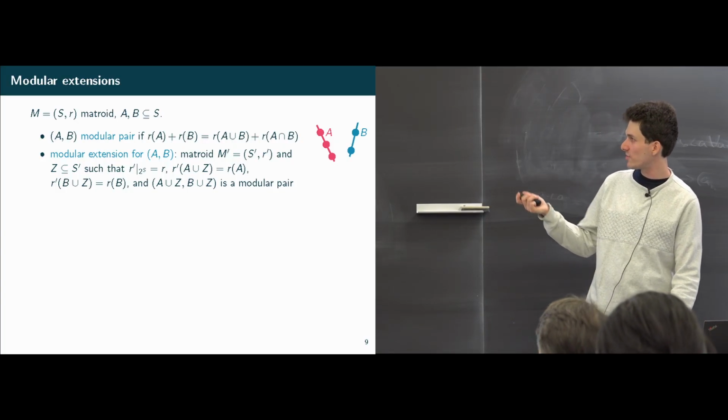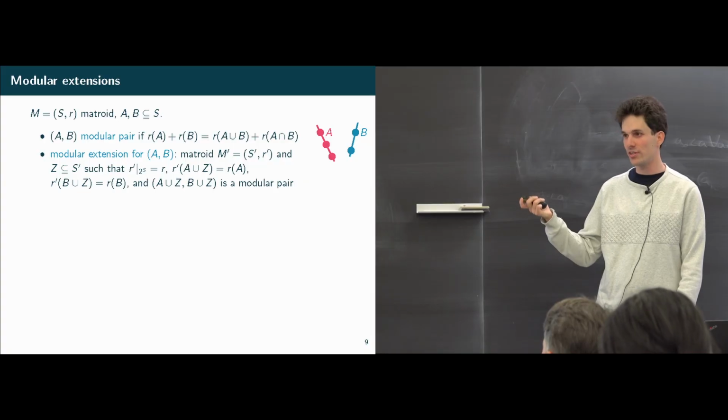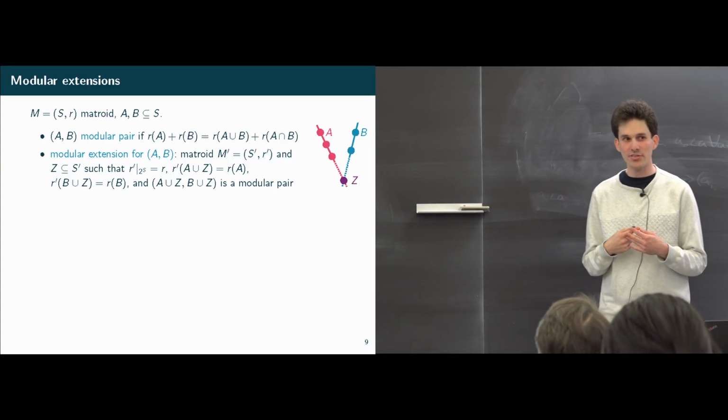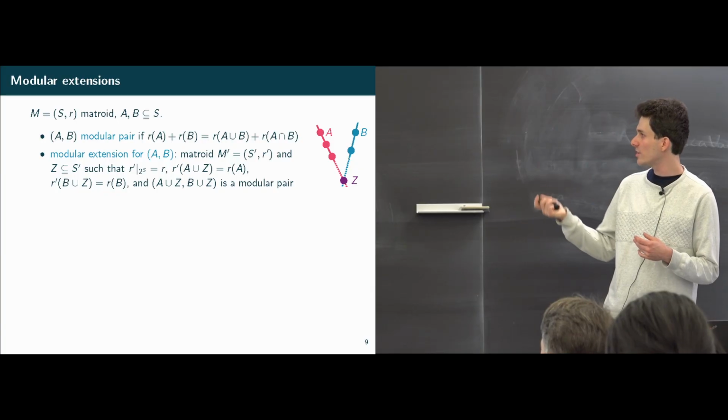So in this example, it says that if we have two lines that do not intersect, then it is possible to extend the matrix such that they will intersect now.